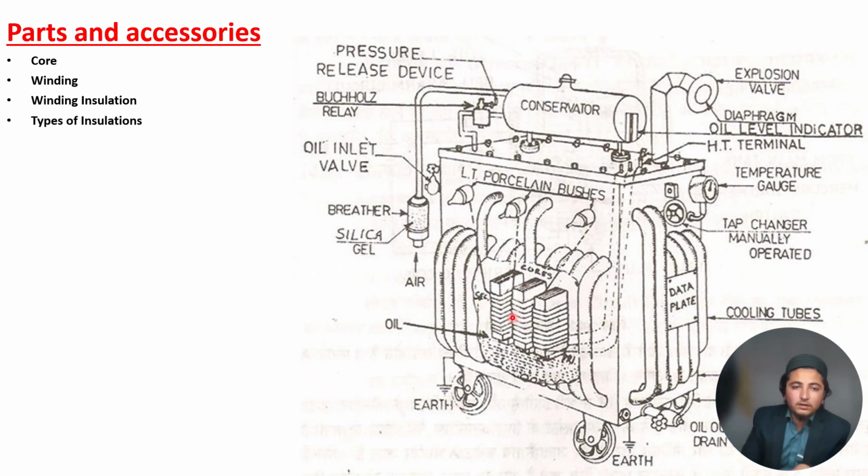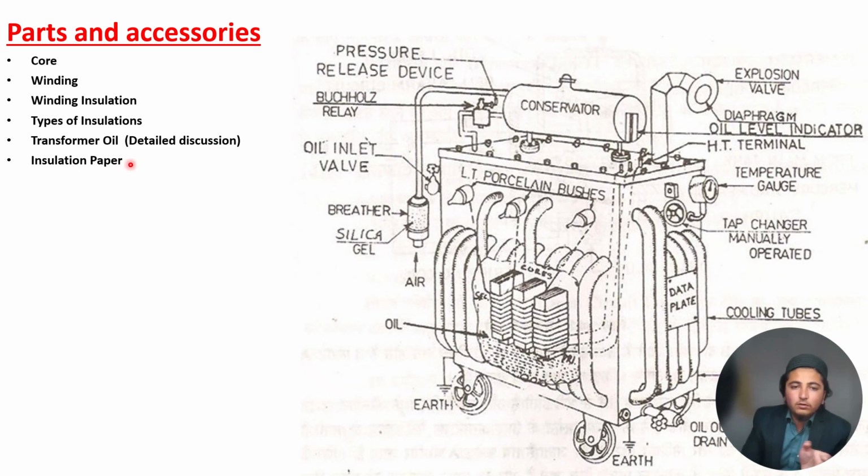And the next one is the type of insulation. There are many types of insulation. Here this transformer contains insulating paper, which insulates the turns from each other, and oil for the purpose of insulation and cooling. Transformer oil we will discuss later in detail, including which type of oil is used in a transformer.